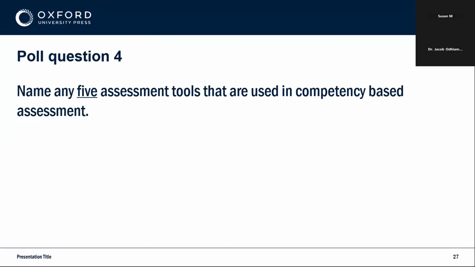Give any 5 assessment tools that are used in competency-based assessment. You have 5 minutes to respond to the poll question. Teachers, if you can put all the 5 together in your answer. I'm seeing some of us just listing 1. If you're not able to get to the 5, at least give 2 or so.